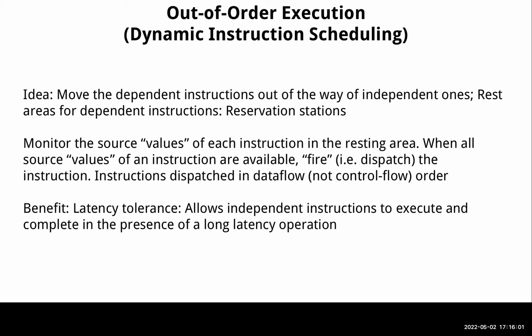We do not have to block the independent instructions for the dependent instructions. To do that, we need to monitor the source values of each instruction. When they are available, we execute them. When it's done, we put the results back to the registers or memory.